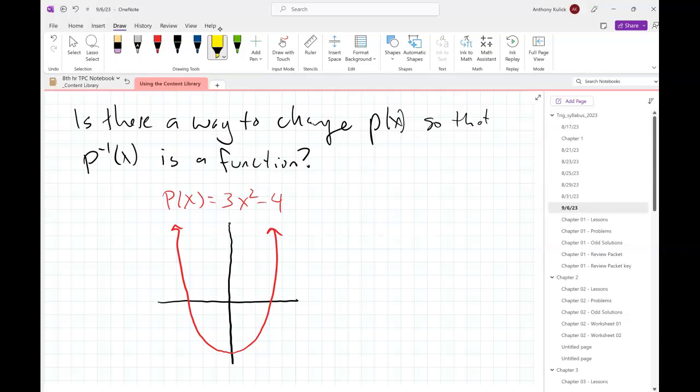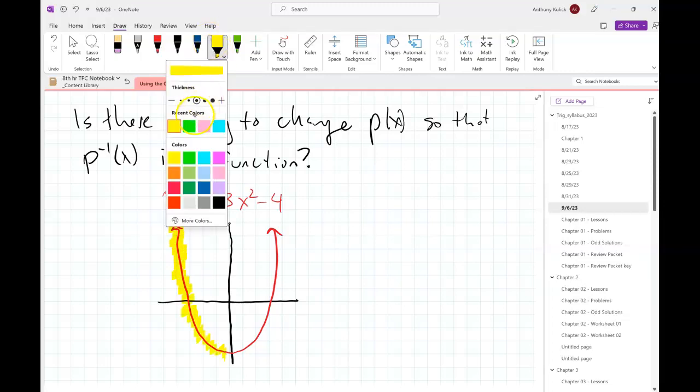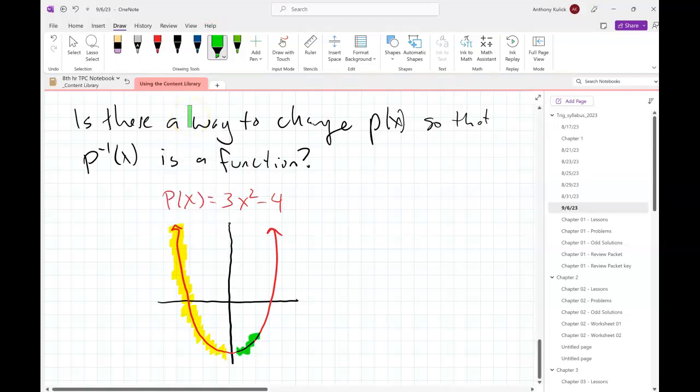So here's what we're going to do. We're going to throw out half of our graph. We're either going to discard this half or discard this half so that it would then pass a horizontal line test. Notice by discarding either of these halves, the range of our function does not change.